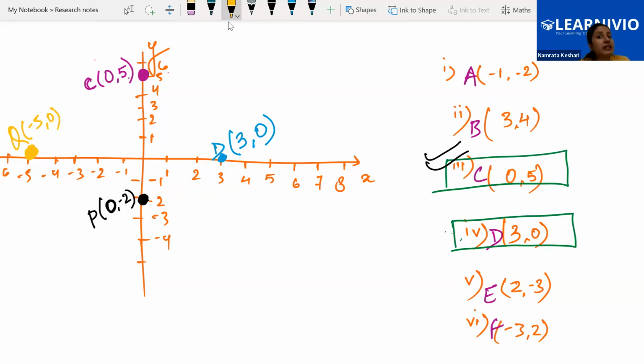Again, we will make one conclusion over here: whenever the y coordinate is 0, and the x coordinate can be any number, be it a positive number, negative number, any number, that point will always lie on the x-axis. Am I making sense to everyone? Yes, ma'am.